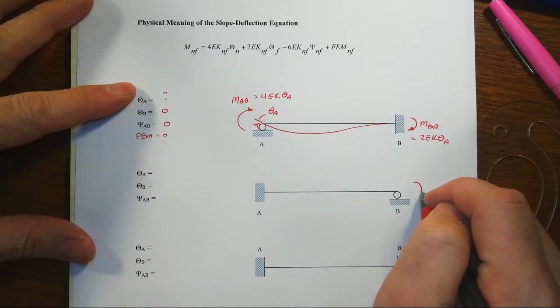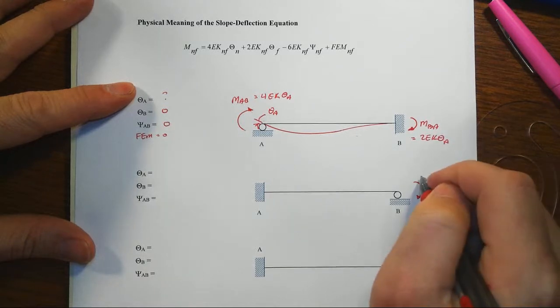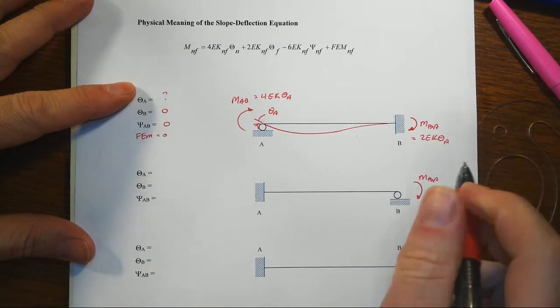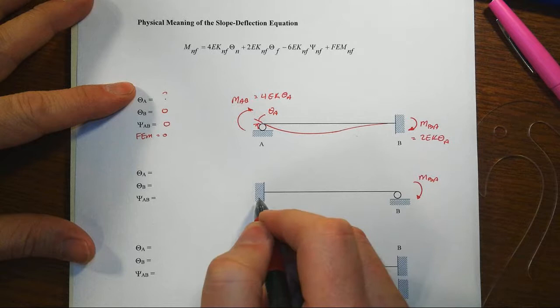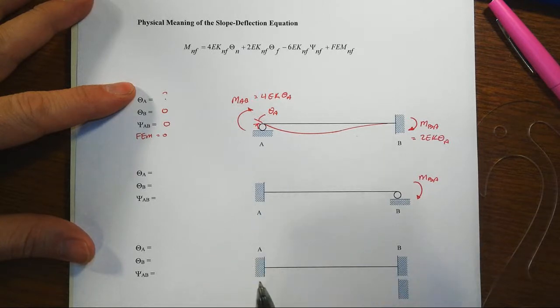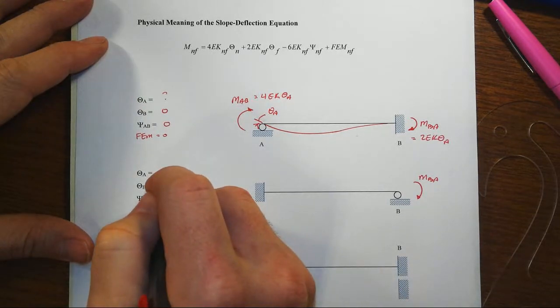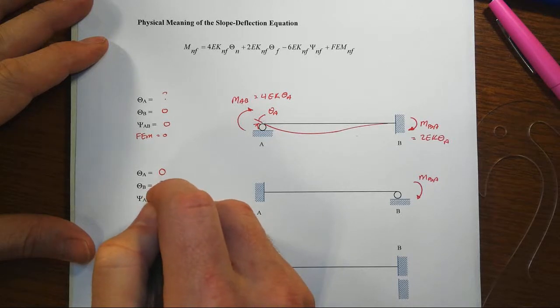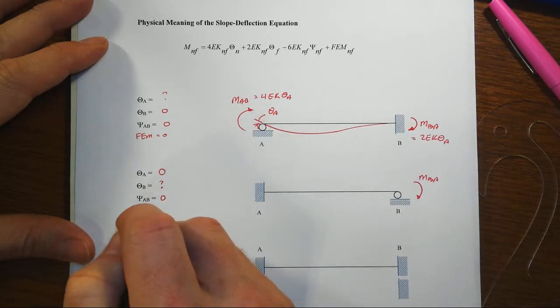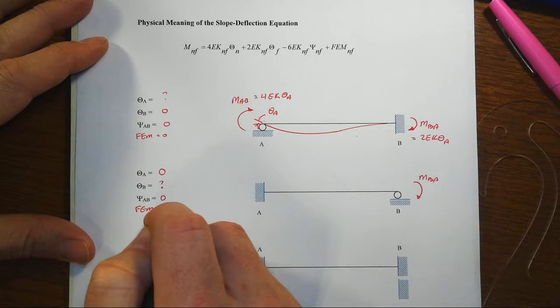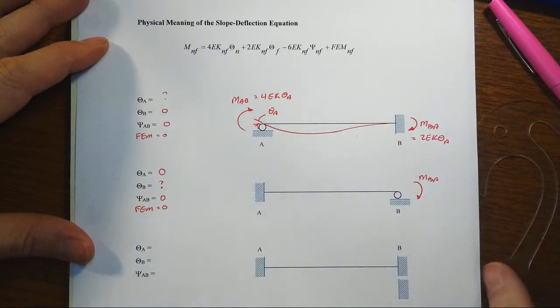We're going to do this likewise all the way through the system. We'll come down at the other end and put a positive MBA on there. Now we're allowing rotation to happen at B, but not at A, so that makes theta A 0, theta B not 0, and chord rotation 0, and again we'll have no intramember loads, so there are no fixed end moment effects.